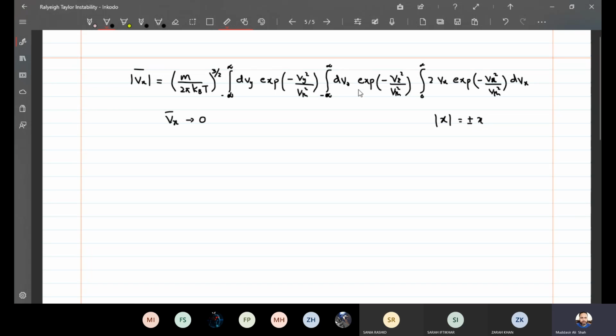That's why I have taken 0 to infinity and 2 times, because it would be minus infinity to infinity, but I have replaced it with 2 times 0 to infinity.